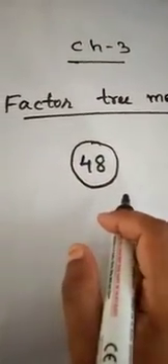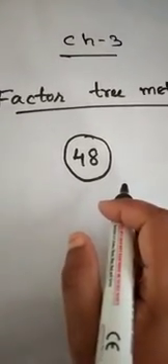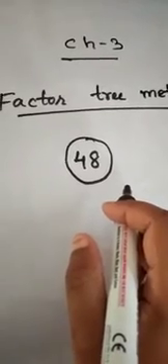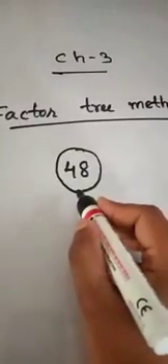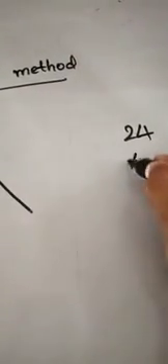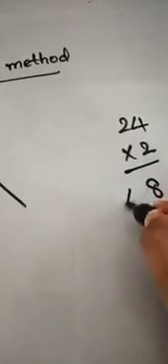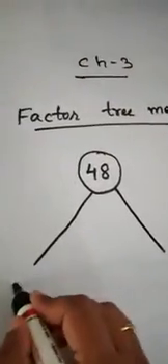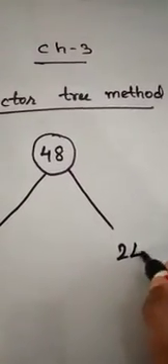So we factorize a composite number until we get all prime factors. 2 into 24: 2 4s are 8, 2 2s are 4, so 2 24s are 48.